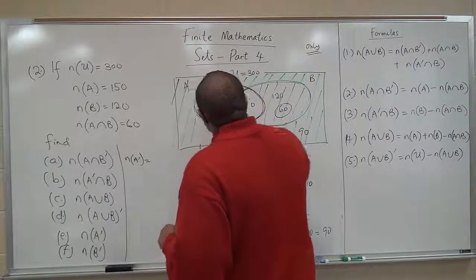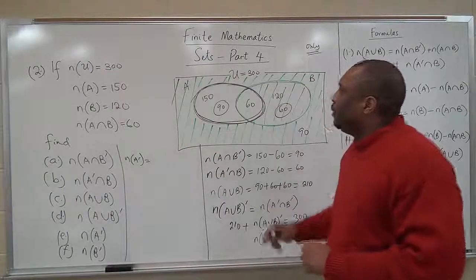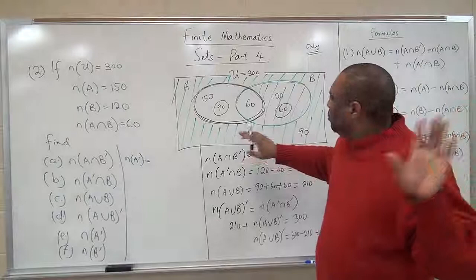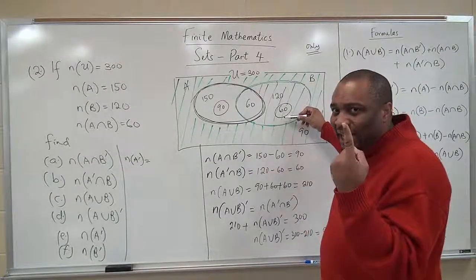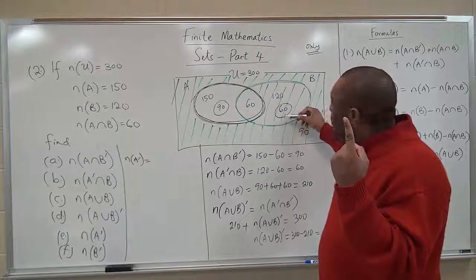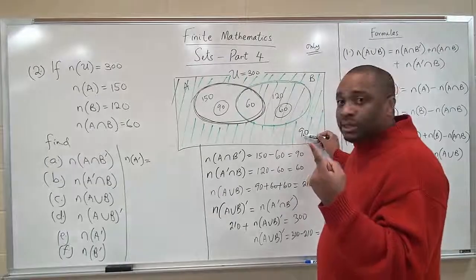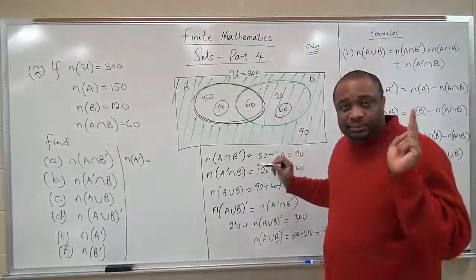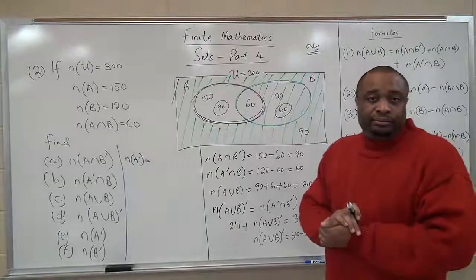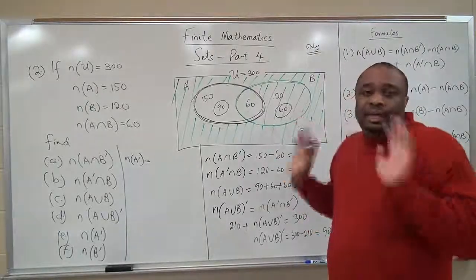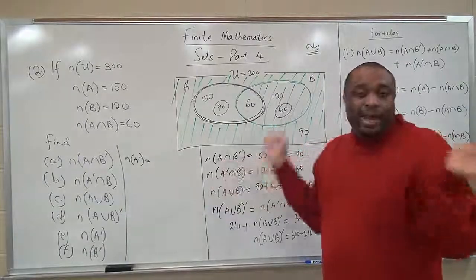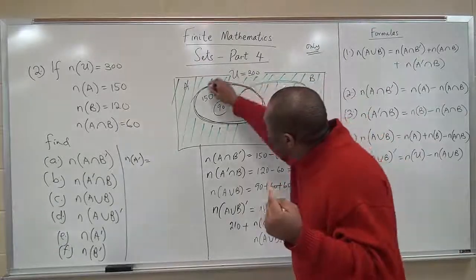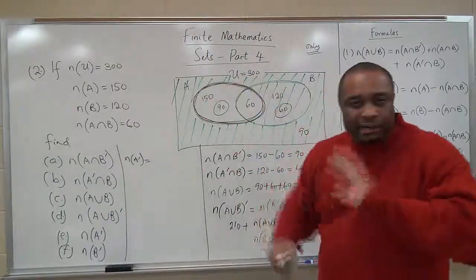150. They don't like A at all. So that means only B, plus those who don't like either of them, will give you that. 60 plus 90. That is A prime. Everything inside this circle, no way, you won't put it.